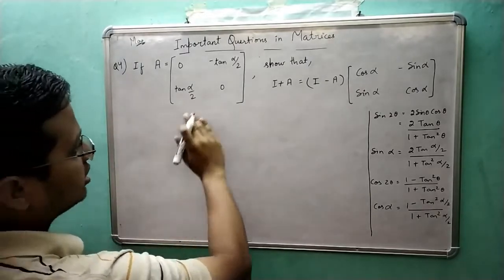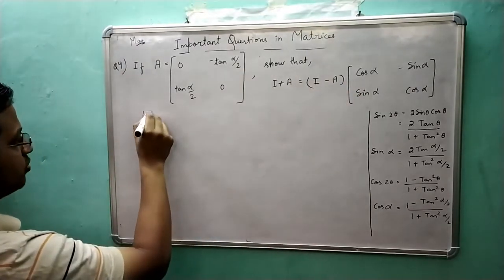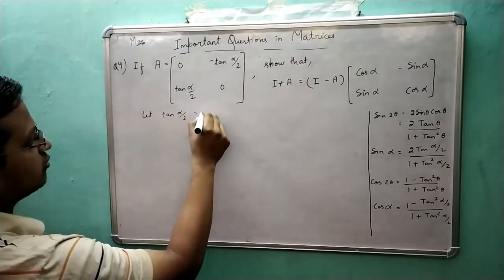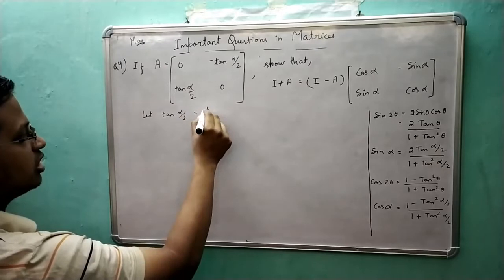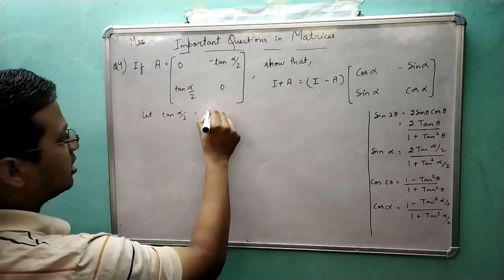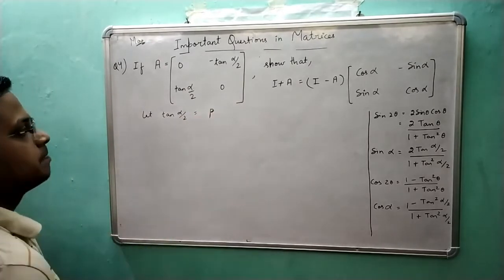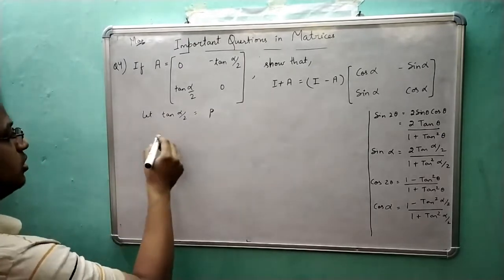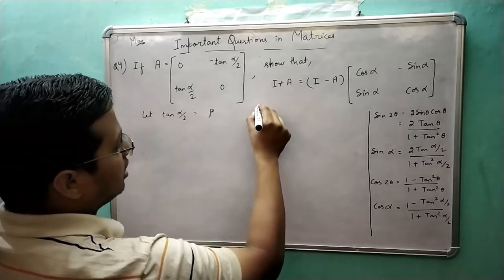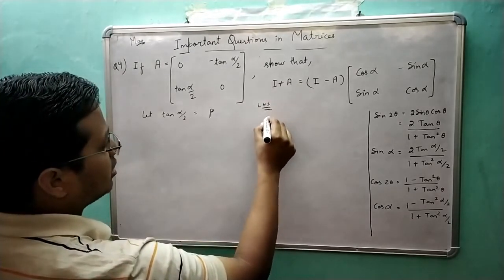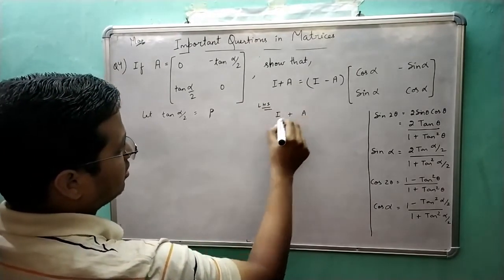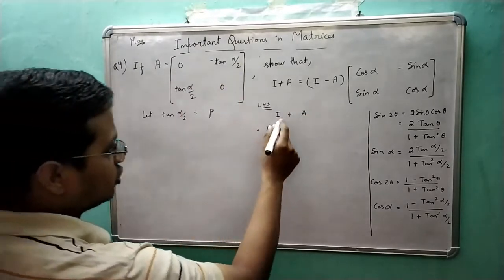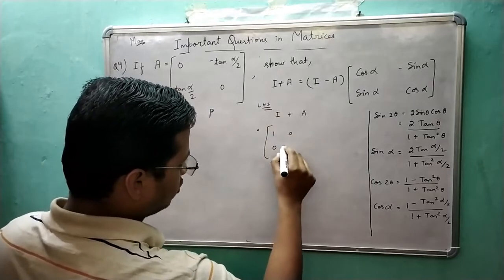So before we start proving this, let us assume for simplicity that tan alpha by 2 is equal to small p. So tan alpha by 2 is equal to p. So our LHS will become I plus A. As you know, A is a 2 cross 2 matrix, so identity will also be a 2 cross 2 matrix.